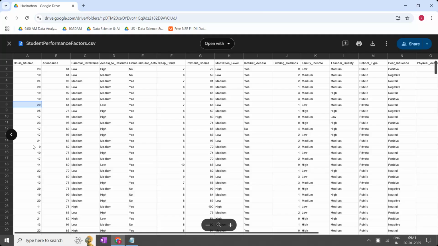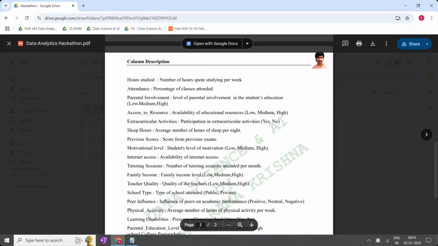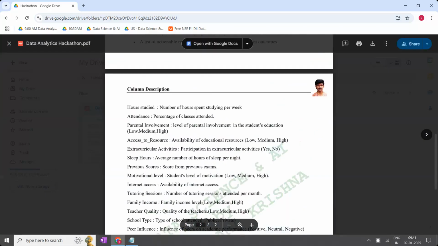It is whether they have given per week or anything. If they have given it, it is still more clear. So we are going to observe clearly here: number of hours spent studying per week. This is called nomenclature, whatever they have given in every column description.